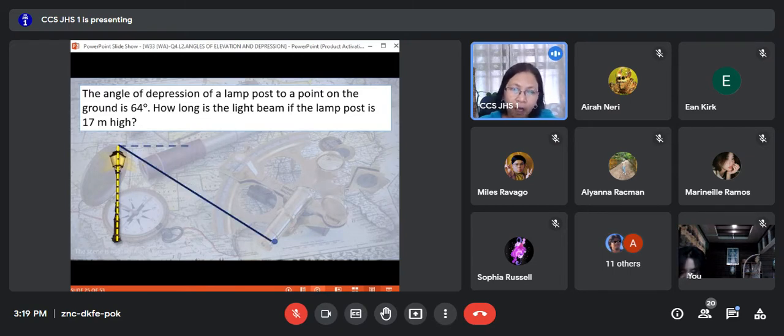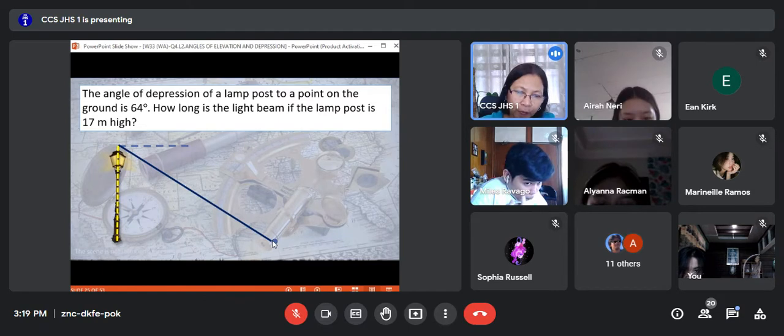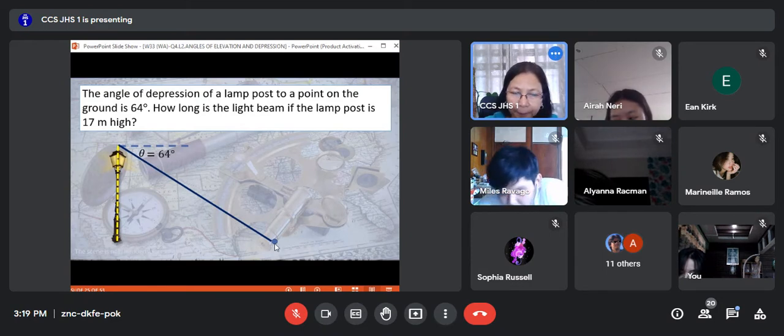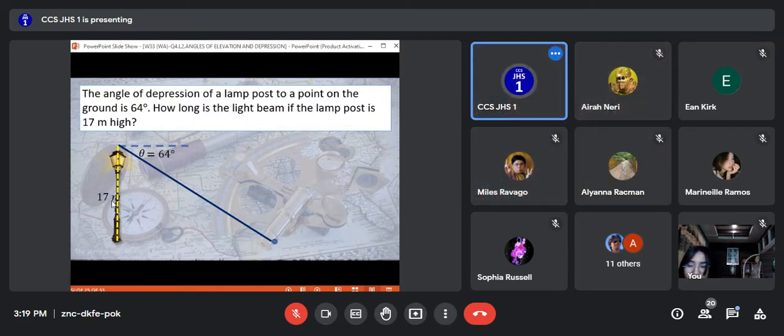So we have here the angle of depression, from the top of the post to a point on the ground, which is 64 degrees. Your angle here is coming from the top of the lamp post, the angle between the horizon and this light beam. And you are given that the lamp post is 17 meters high. How long is the light beam?